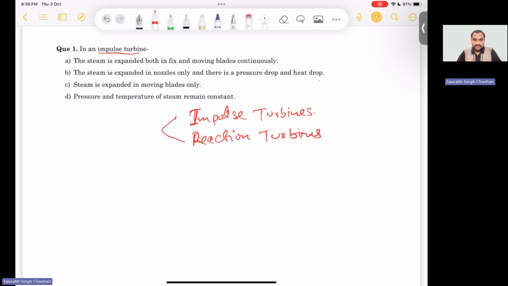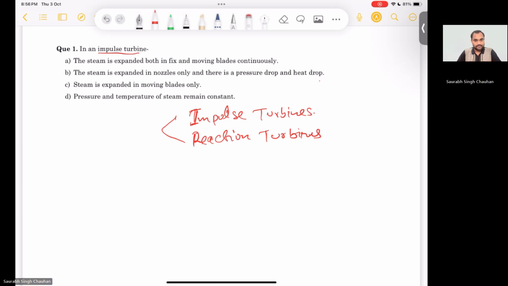You have studied that in impulse turbine there is no enthalpy change in moving blades, right? So whatever enthalpy change takes place, that change happens in fixed blade. Fixed blade is basically nozzle, right? So steam is expanded in nozzle only.